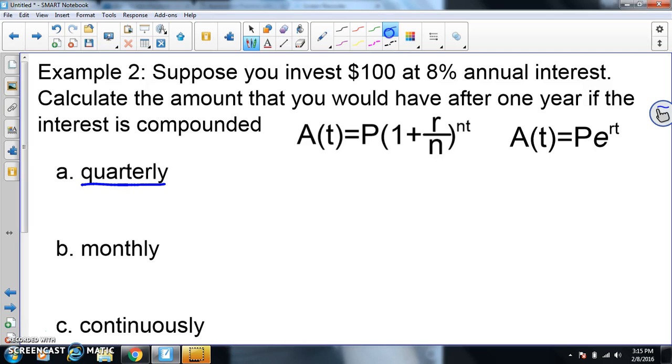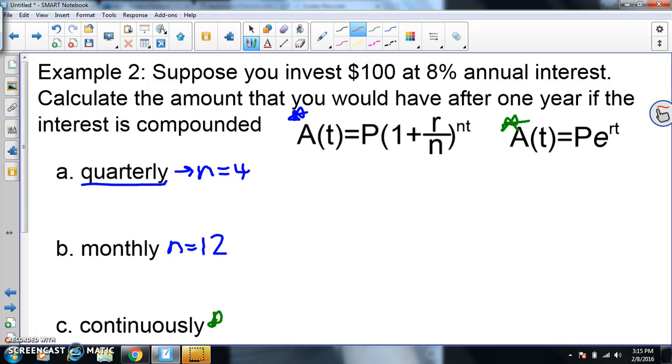Since it's quarterly, we have to use our first formula, which means if quarterly throughout the year, we would compound our interest 4 times. So N would be equal to 4. Monthly, N would be equal to 12. And continuously, we use our second formula.